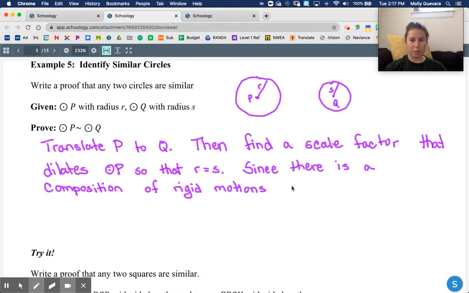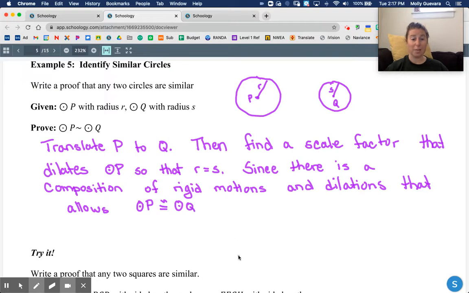So rigid motions and dilations, that allows circle P to be congruent to circle Q. So since I can make circle P and circle Q exactly the same using dilations, then that tells me that at the moment how they are similar.